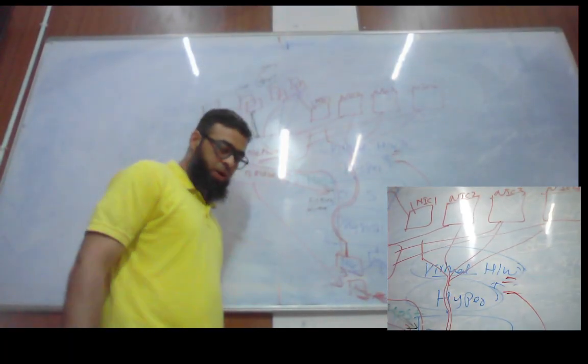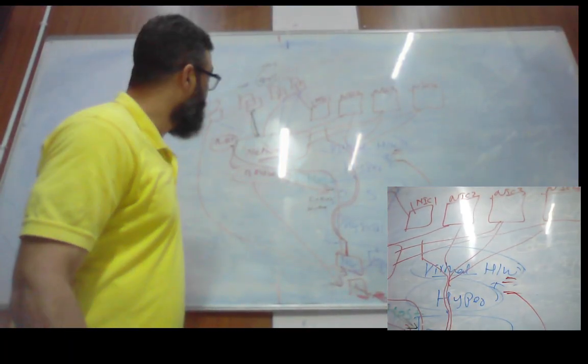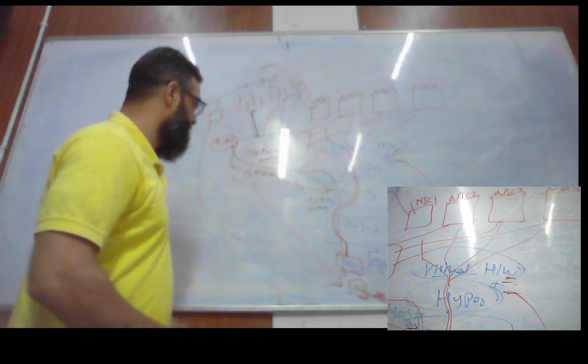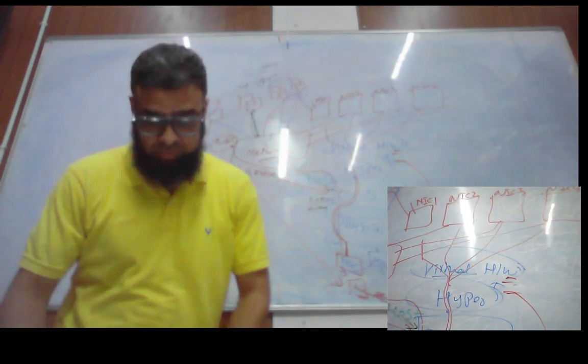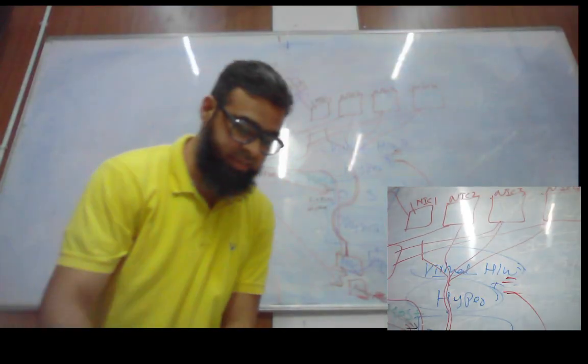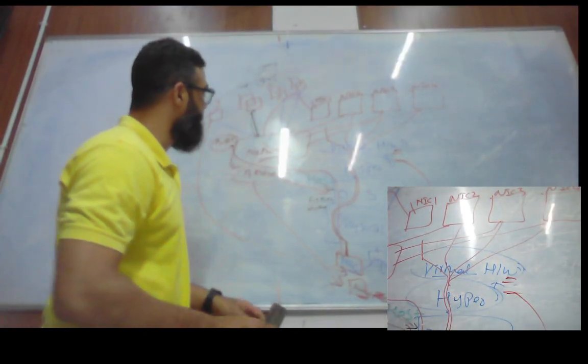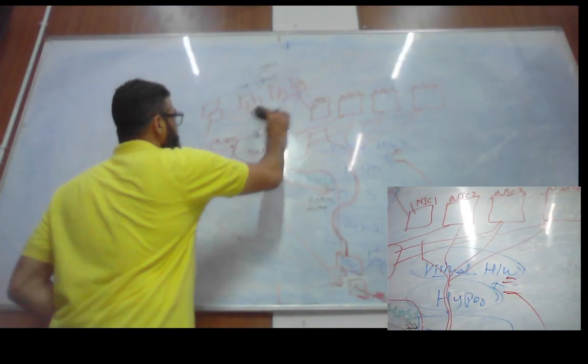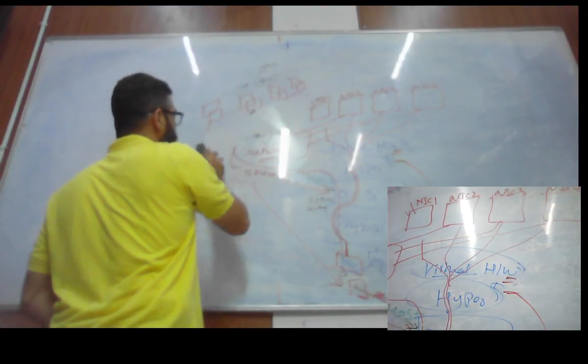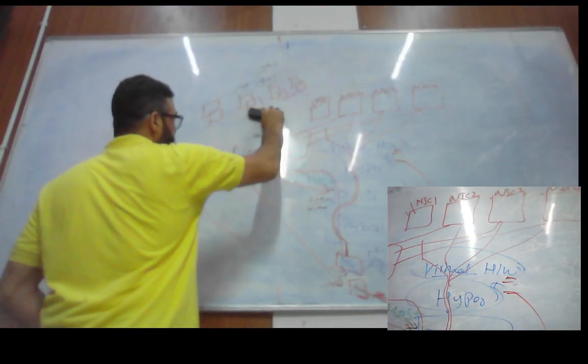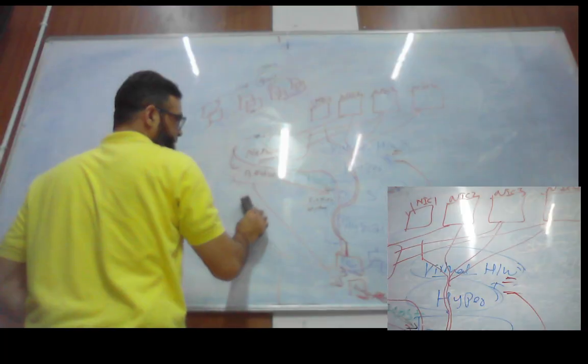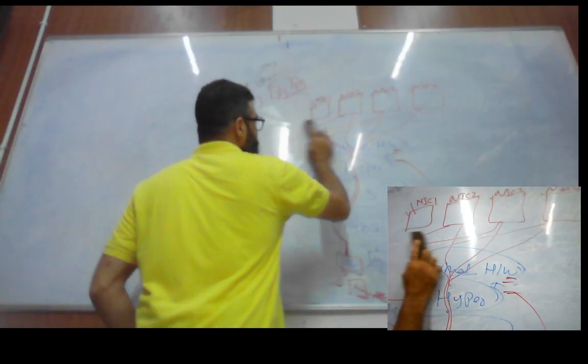There is one more called NAT network. So I will erase a little bit now. Let me take this out. I will put one NAT here. Let me erase it.